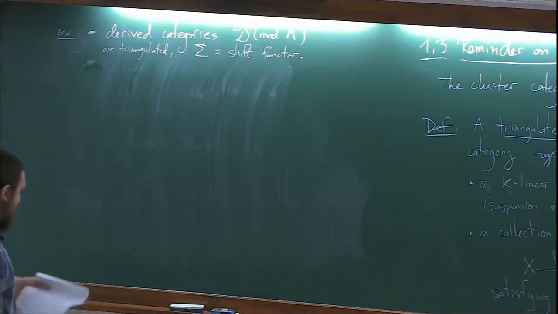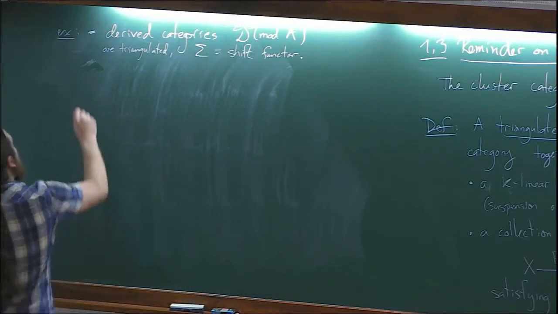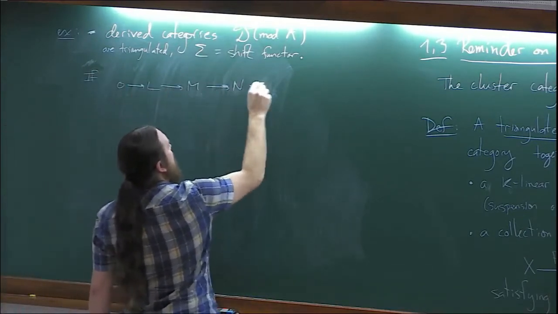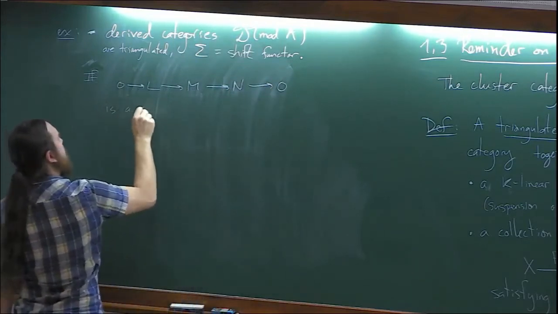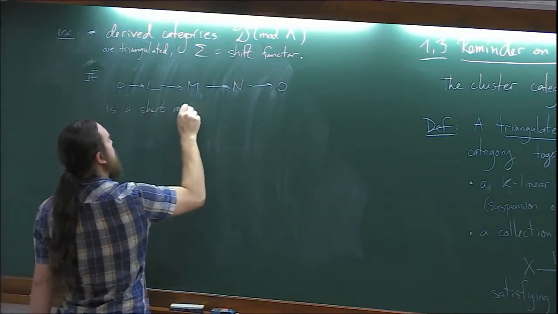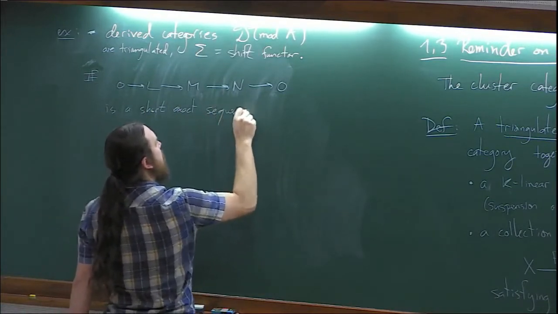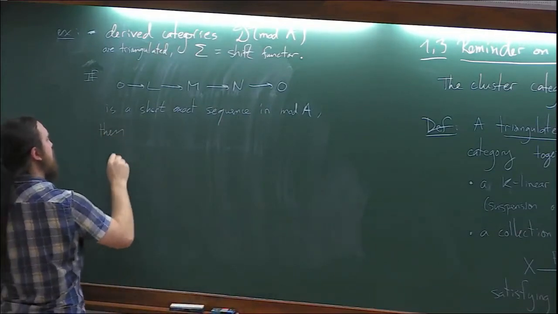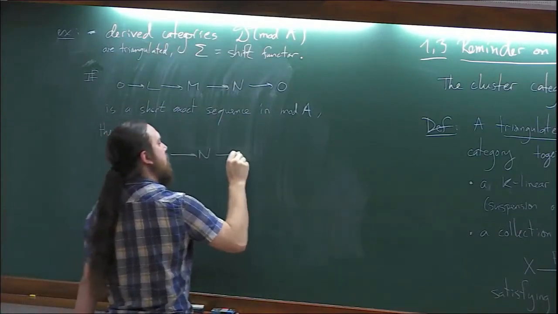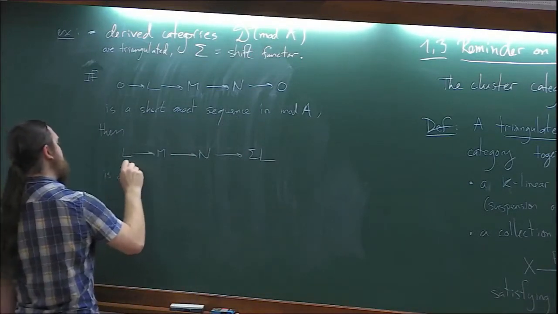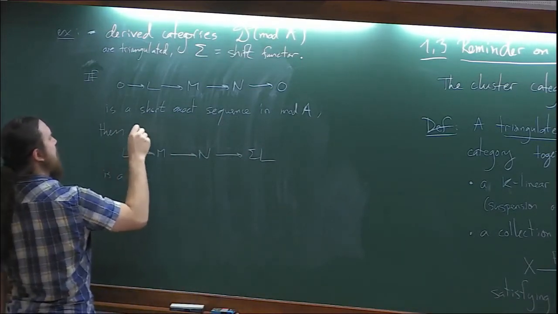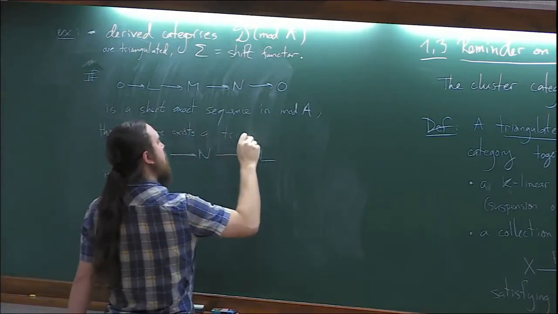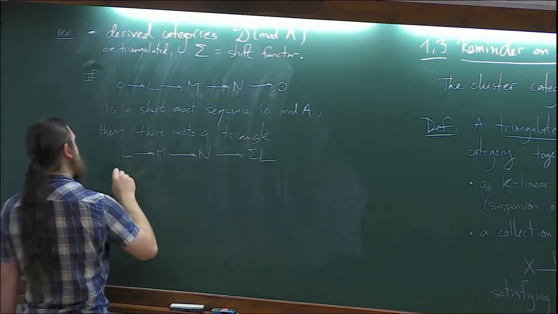And you can find a lot of triangles in the following way. If I have a short exact sequence in the module category, then you can deduce a triangle, or rather, there exists a triangle of the following form in the derived category.